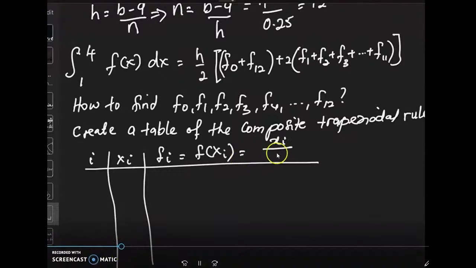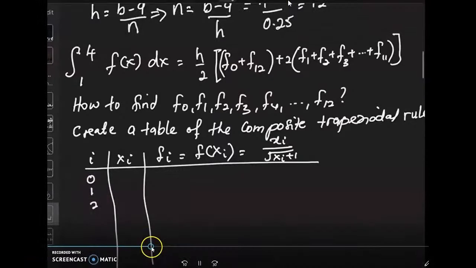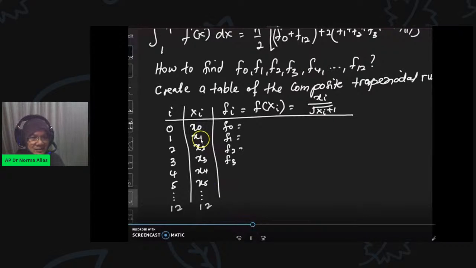All right. So now, we know that f(xi) is xi divided by xi plus 1. So fix in your calculator. Don't forget, I asked you to go to page 136.